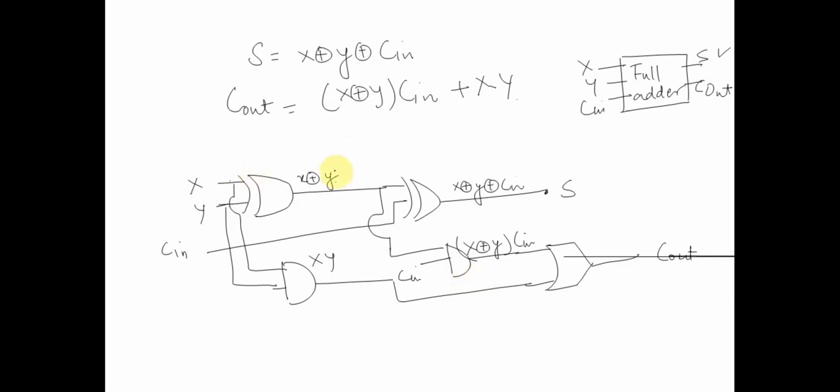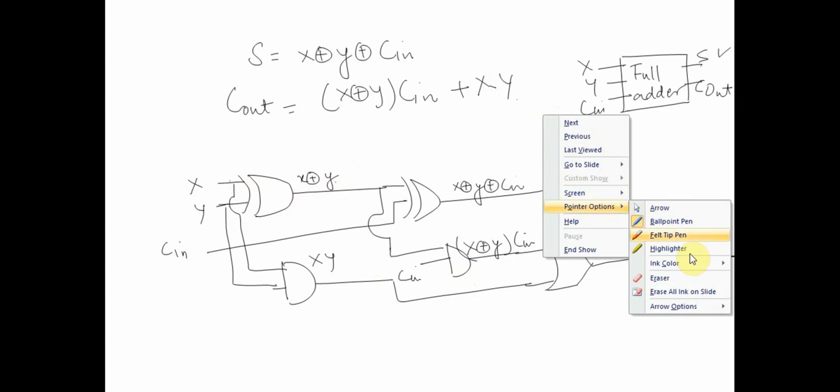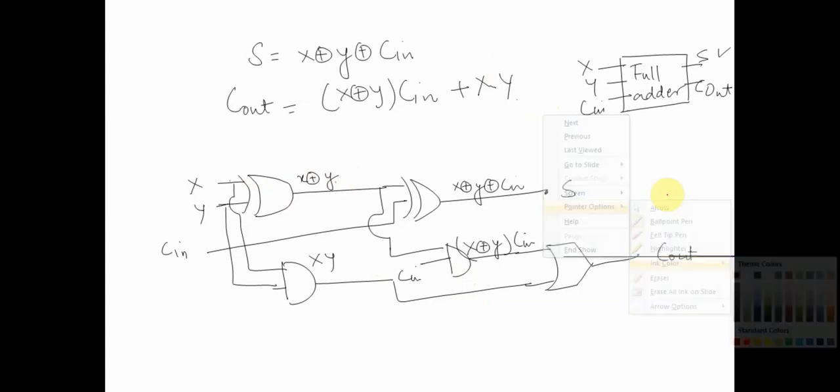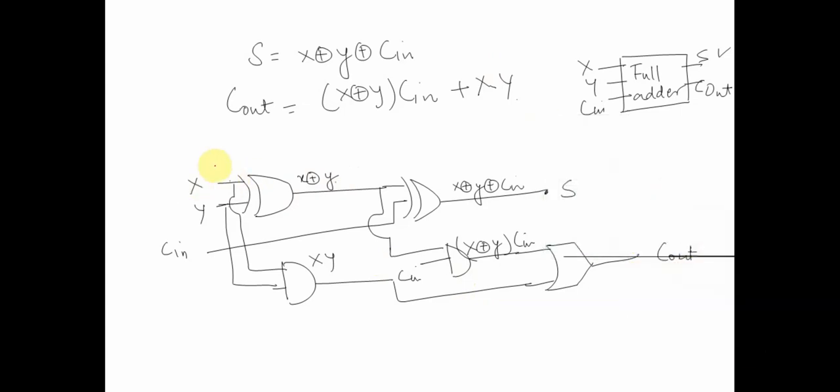Basically, if I change the pen color and we do some comparison over here, let's call it red. Does this sound a bell? And this as well. So we have x, y, c in, the output of this goes into xy, and the third input goes into this one, and then x XOR y again into c in.